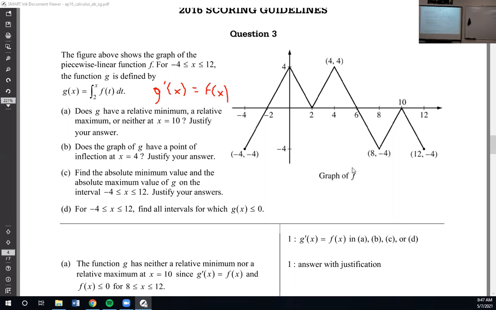Point of inflection. A point of inflection is when the second derivative changes sign. So it would be when the first derivative basically has a maximum or a minimum.